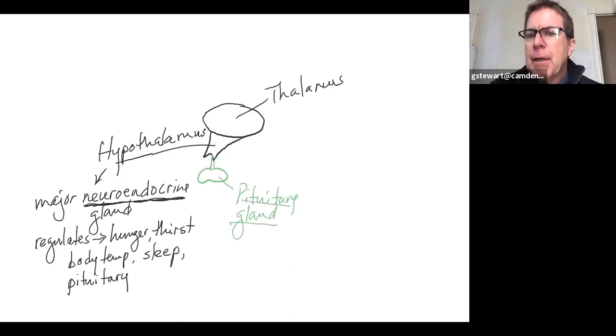So this thing up top, the thalamus, is just an editing center, sorts information and sends it somewhere else for interpretation. The hypothalamus is a major regulatory control center of the entire human body. And that hypothalamus also controls, amongst other things, this structure, the pituitary gland, as well.